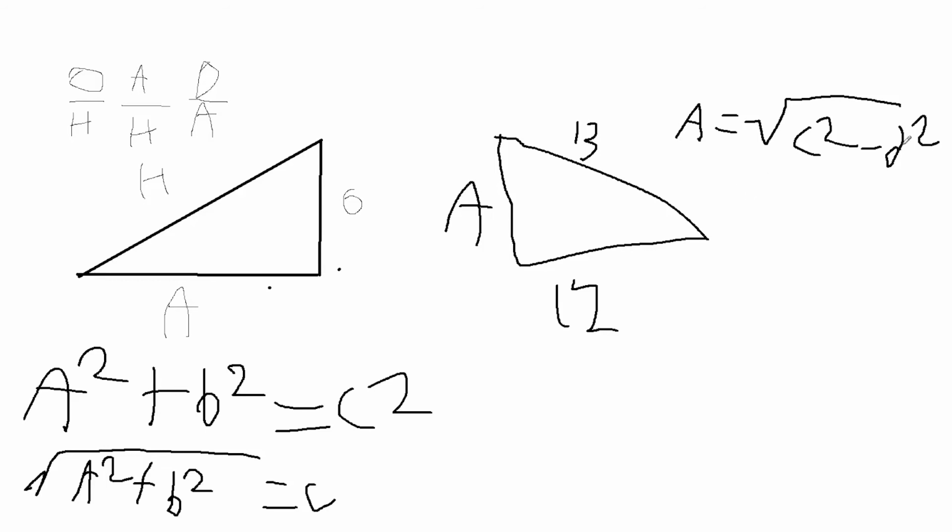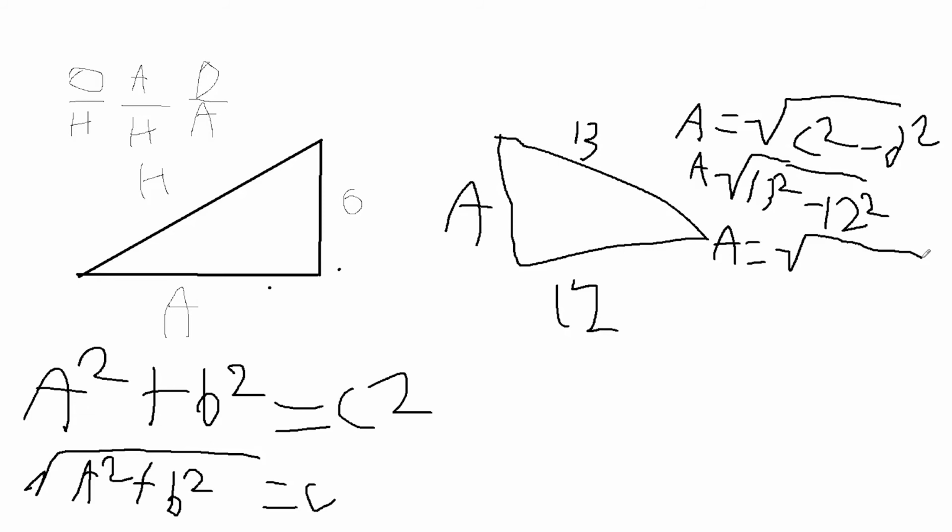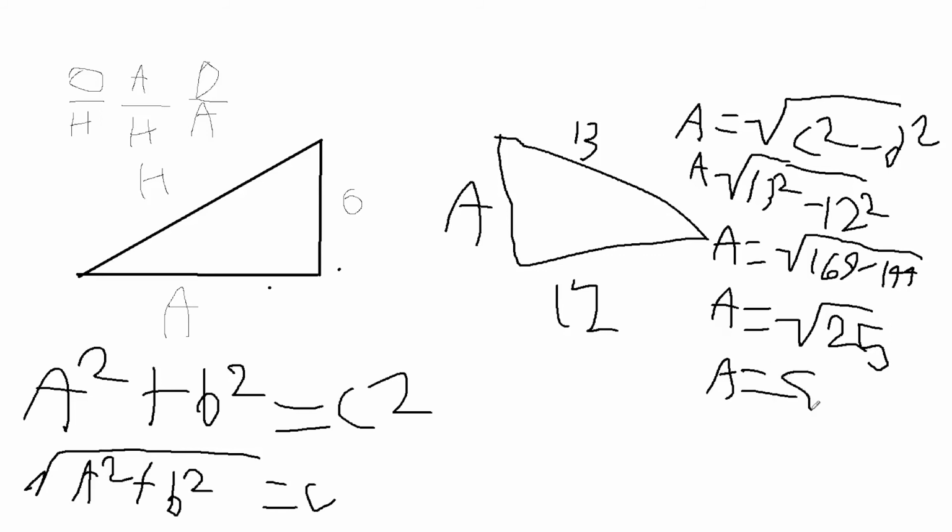Which means A equals the square root of 13 squared minus 12 squared. 13 squared is 169 and 12 squared is 144, which means A equals the square root of 169 minus 144. And 169 minus 144 is 25, which means A equals the square root of 25, which means A equals 5.